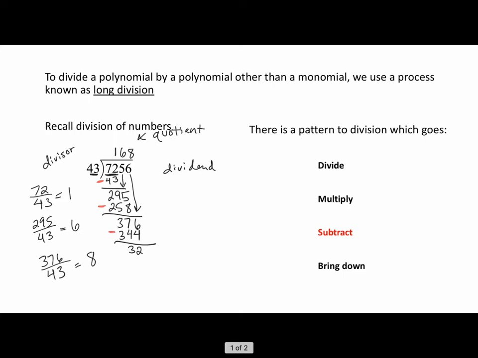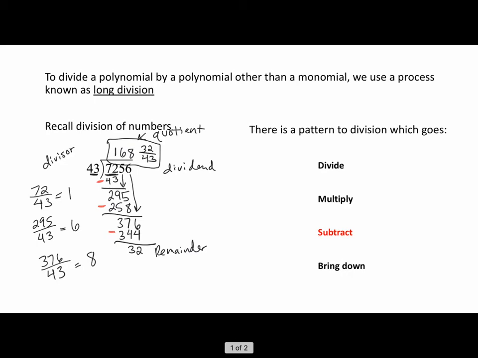Now we've run out of numbers to bring down here, right? So that means we can stop. This is our remainder. And we write that as a quotient with the divisor. So we have as our final quotient 168 and 32/43. That's our quotient using long division.